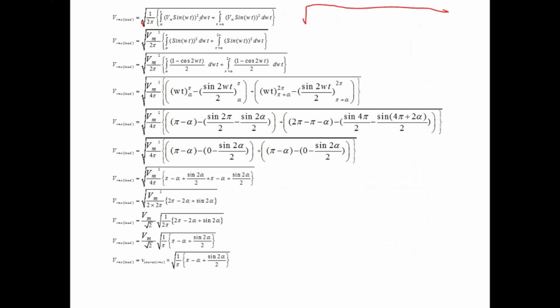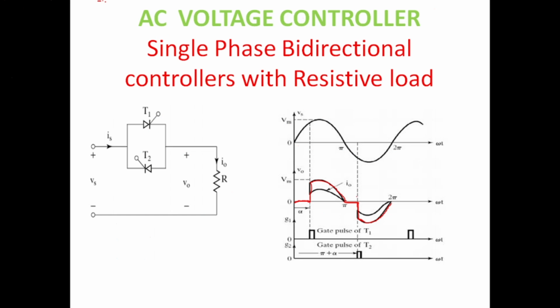Then the next part of the waveform starts at pi plus alpha and goes till 2 pi. There is a mistake here, we need to write 2 pi as the upper limit: pi plus alpha to 2 pi, Vm sin squared omega t d omega t.